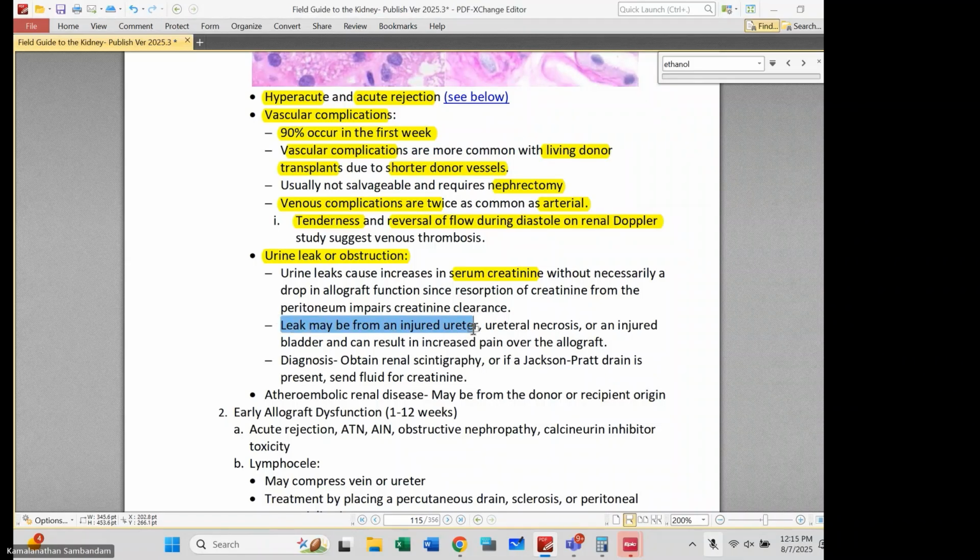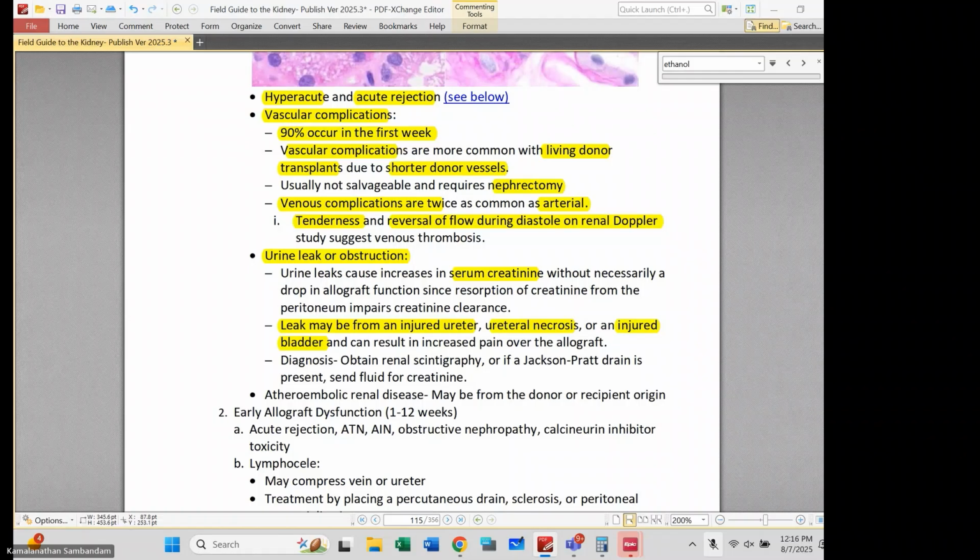This leak is most commonly because there is a problem with the ureteral anastomosis. This is a particularly delicate part of the transplant surgery. During procurement, great care is taken to not clip too much periureteral fat, because there's a lot of vascular supply that is hidden in that fat that comes around the ureter.